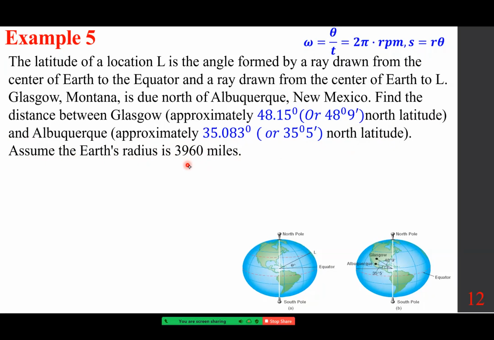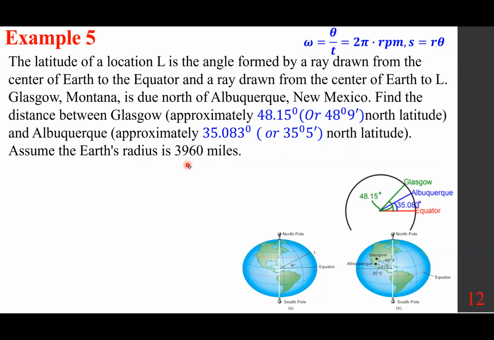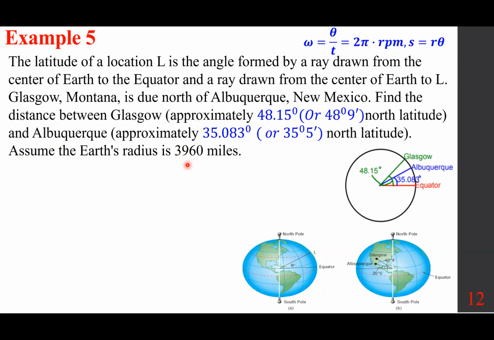It's important to understand we are looking at S equals R theta in essence. So it looks something like this. If you look at Glasgow, you can calculate the S for each one, and then the difference between the two would be the distance.